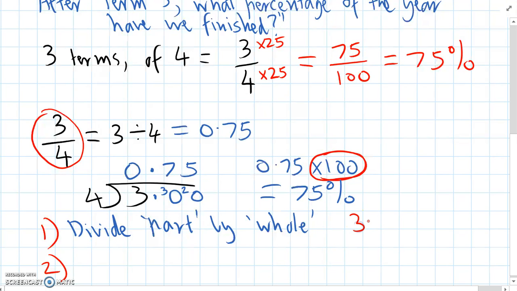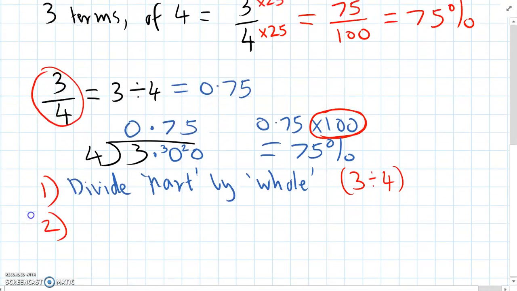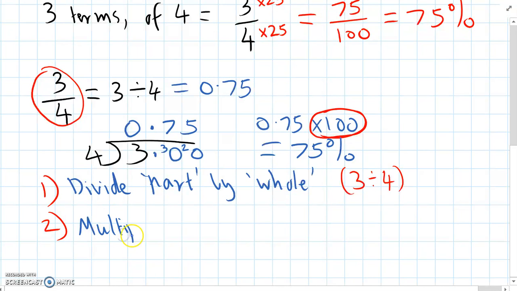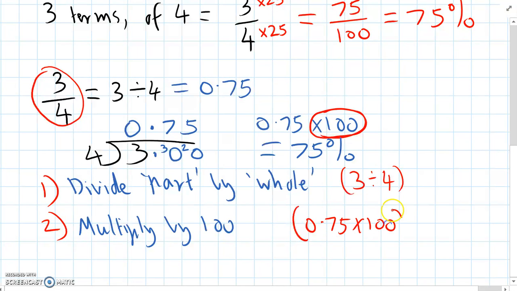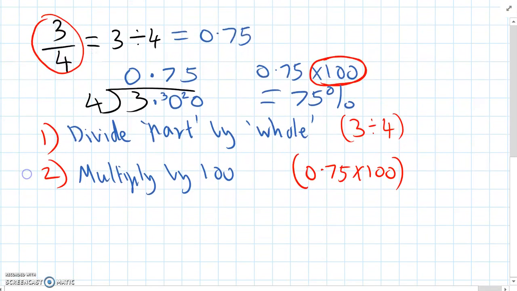So we did 3 divided by 4. And then we multiplied by 100. And that's when we did 0.75 times 100. So what we can do is put all of this together into one single step. And it saves a lot of time in the end. So this is our shortcut method.